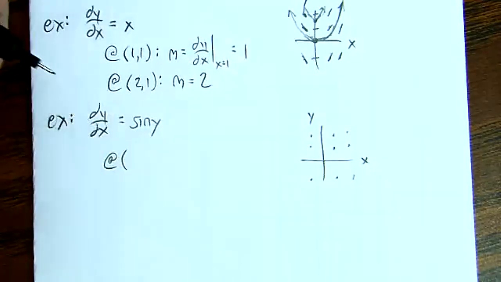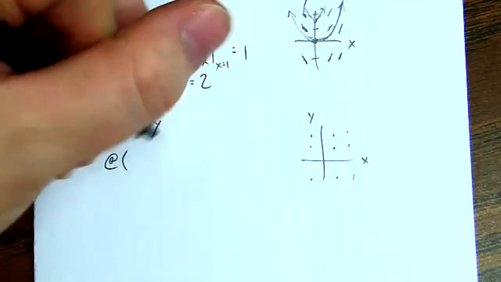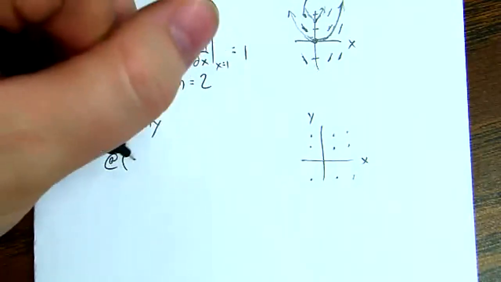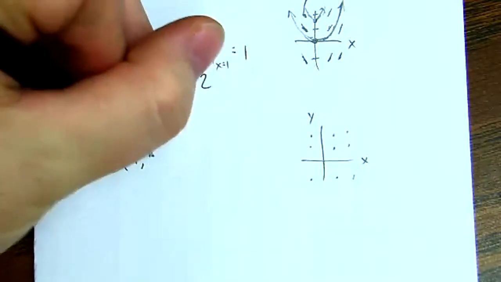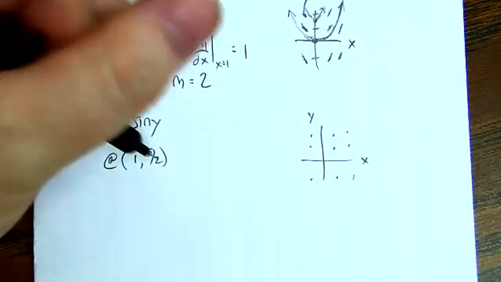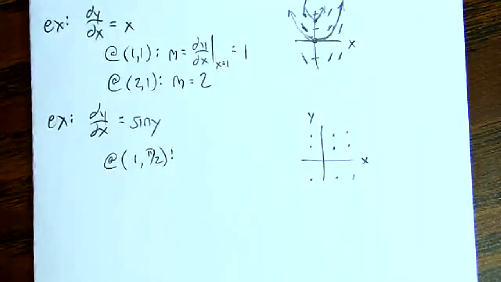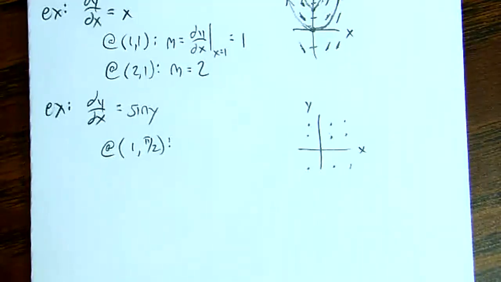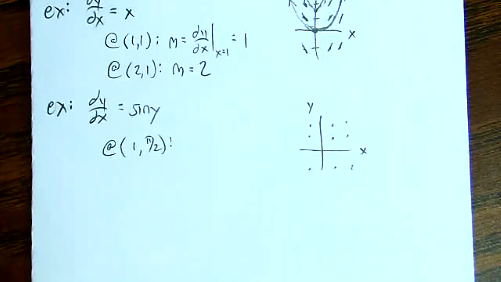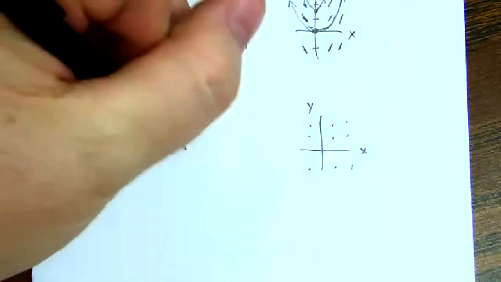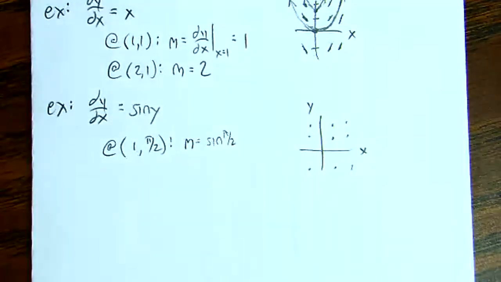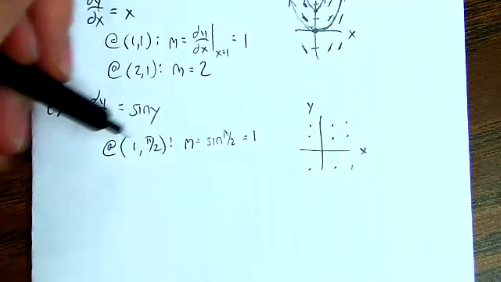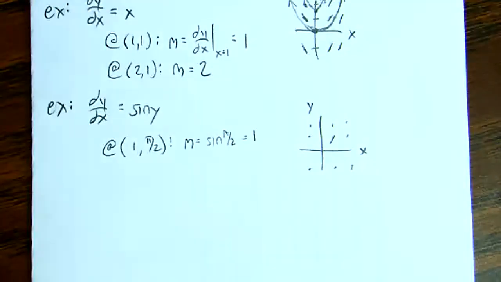At, say, x equals, say we have the point 1, let's do 1 pi over 2. And then that'll just be my step size. At 1 pi over 2, the slope is equal to the sine of pi over 2. And as we all know, the sine of pi over 2 is 1. So at this point, we have a slope of 1.